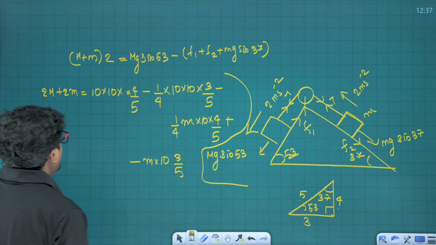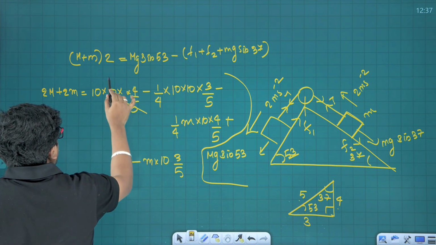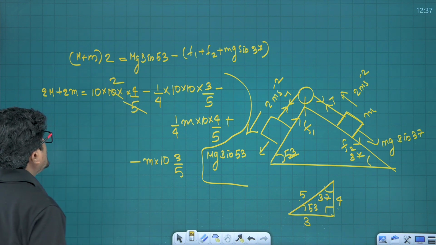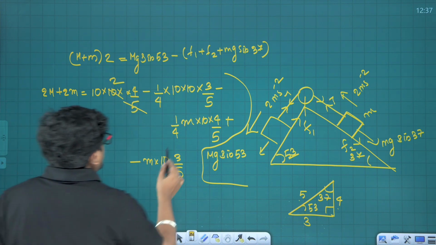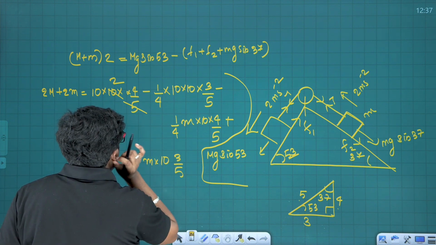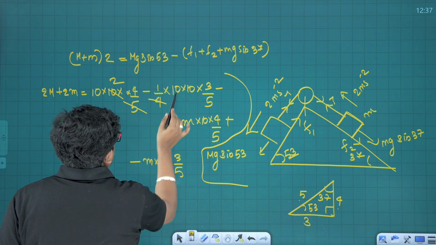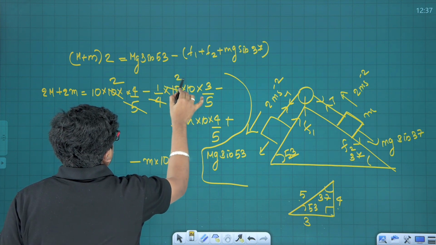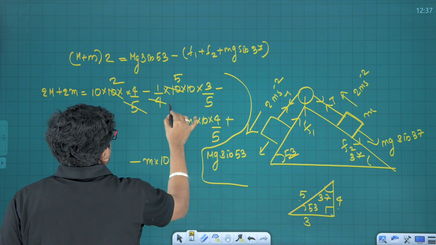Now let's check out the possibilities of cancellation here. This one and this one will cancel each other, will leave 2 here. Next, this one and this one will cancel each other, will leave 5 on the top and 2 on the bottom.